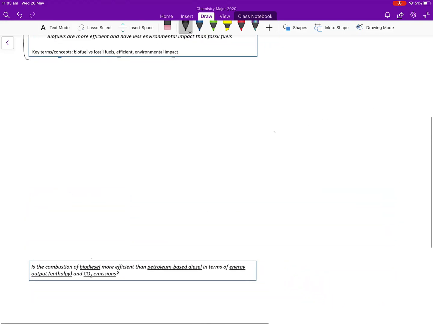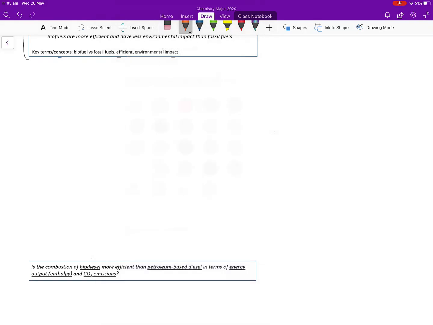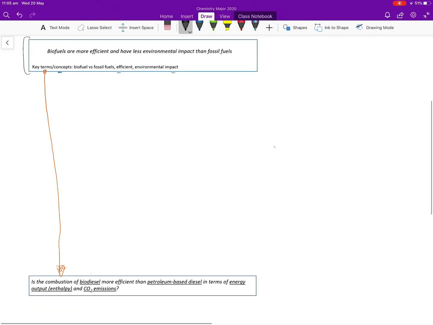Now, the goal here for our rationale is to show how did we get from this general claim down to this specific question. And when you went through that planning with the planning sheet, this is exactly what you did during this process.